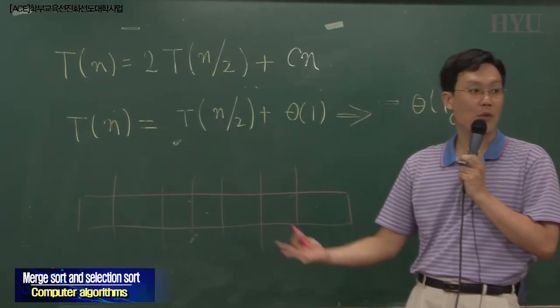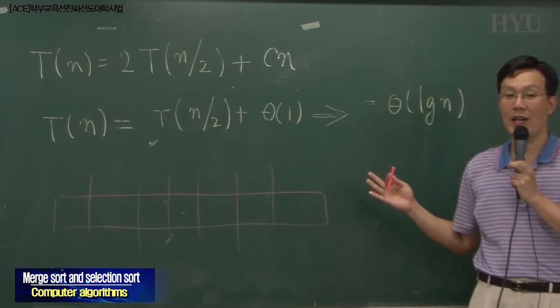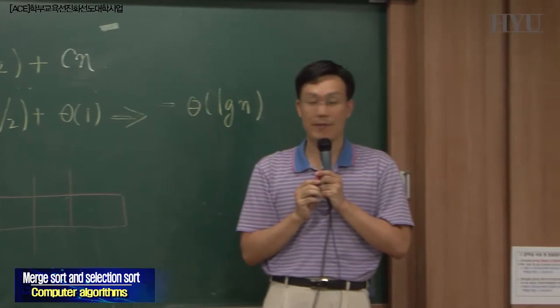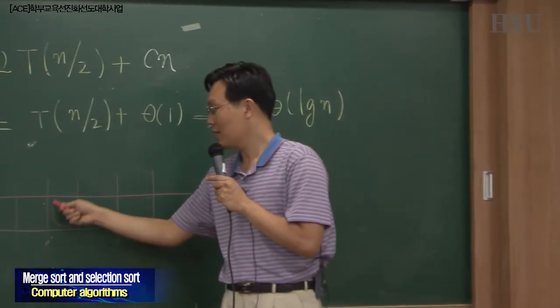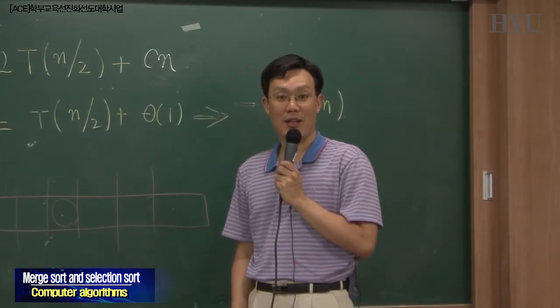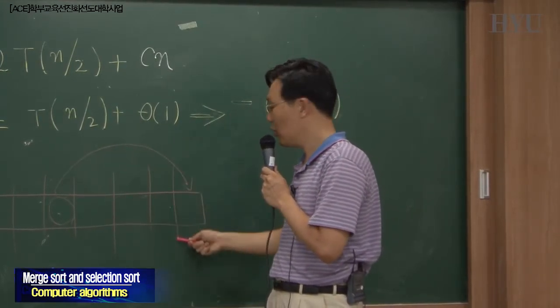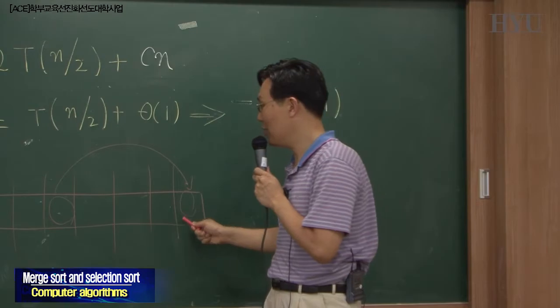And first, we scan this array and find the maximum element. And let's say it's here. Then, swap this maximum element with the last element in the array.